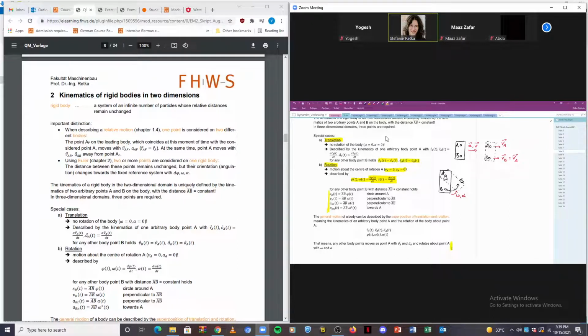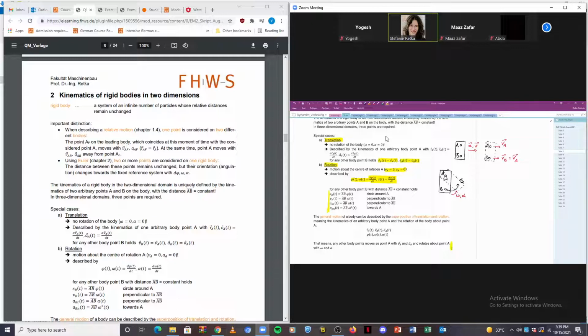In case of a point mass, chapter 1, we say we have a leading and a relative motion. But our leading motion can either be circular or rectilinear, and our relative motion as well. Both are possible for leading and relative motion.